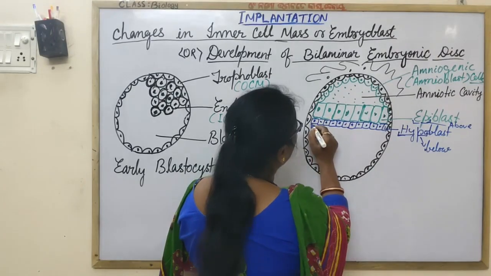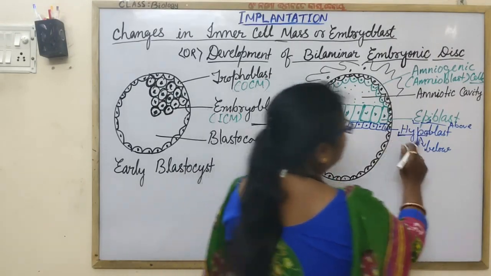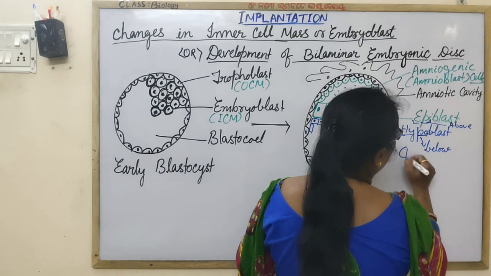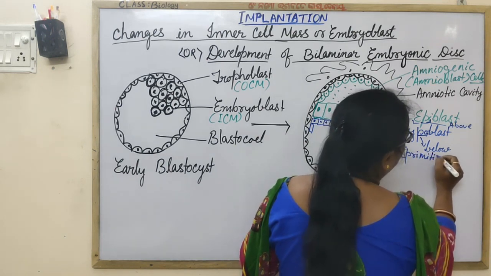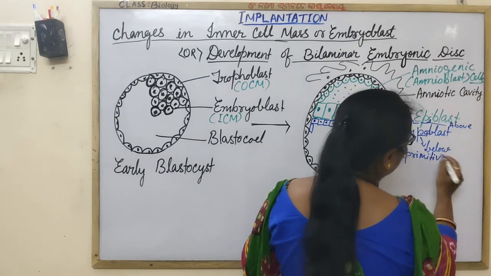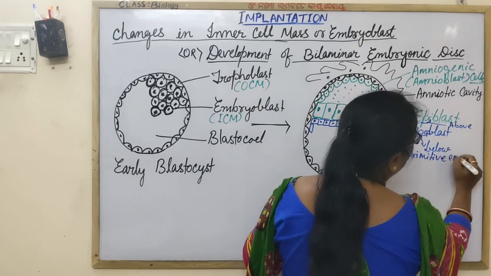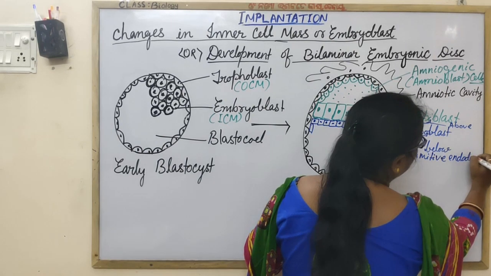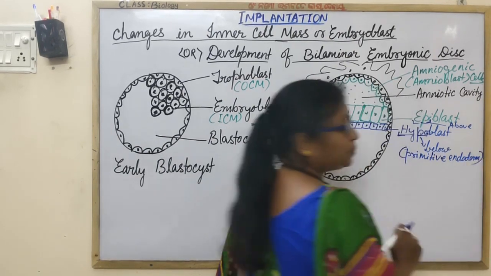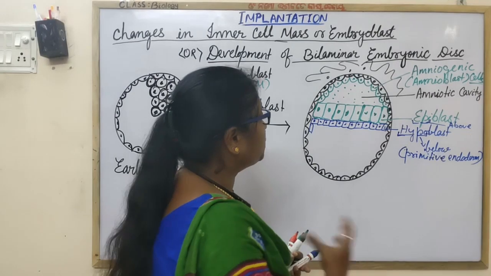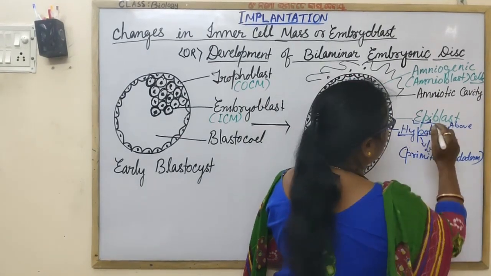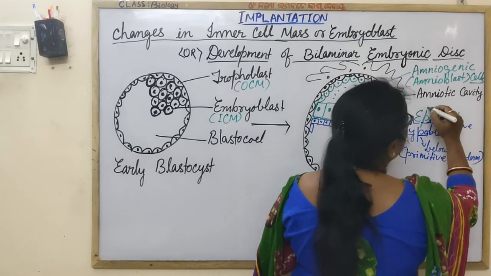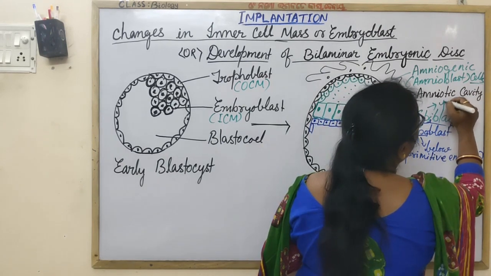The cells of the hypoblast are primitive cells. The hypoblast produces the primitive endoderm, which makes the extra embryonic membrane. The epiblast is the primitive ectoderm.